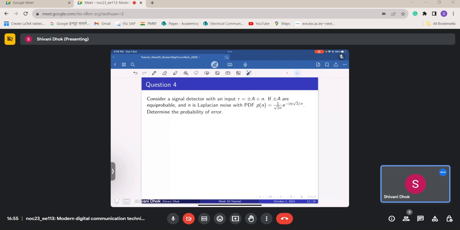Now if you want to find the probability of error, that probability of error should correspond to some particular decision rule.